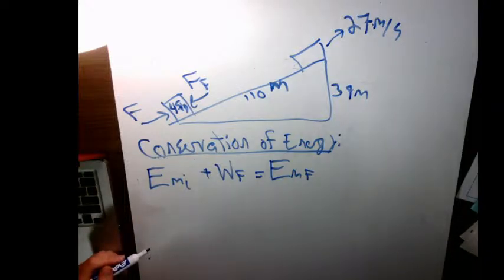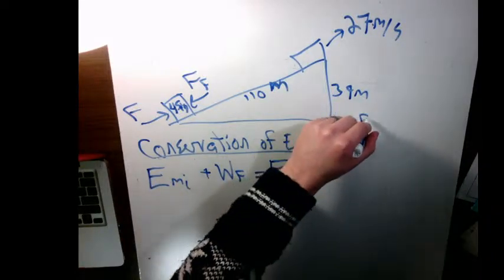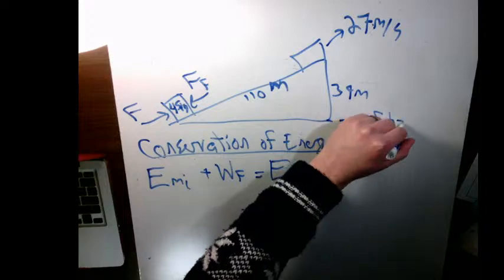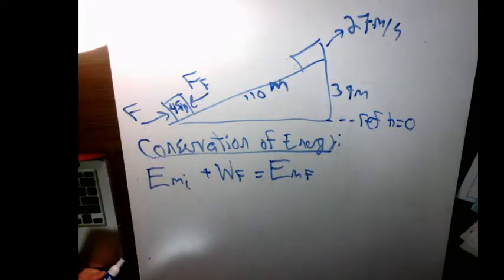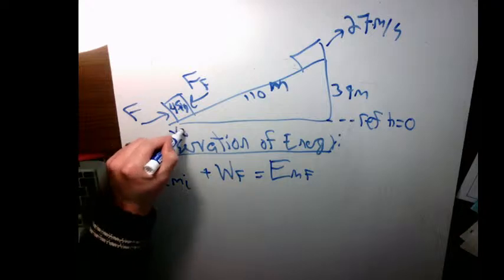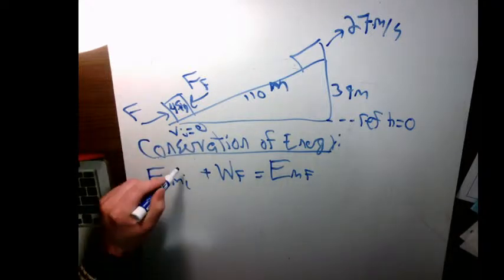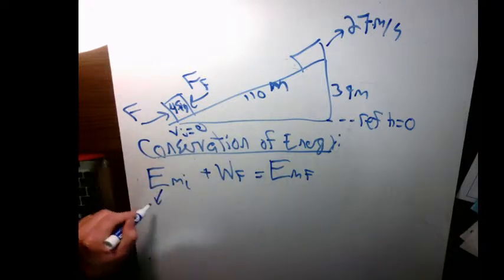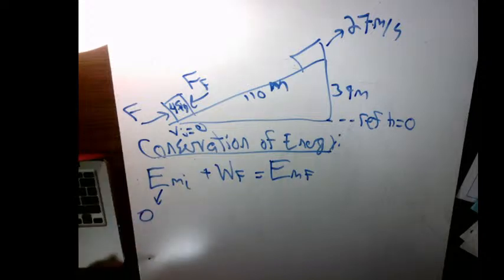So we have at the start, if we're saying we have a reference height of 0 at the start, we have no potential energy. We're also starting at rest. So this is going to be 0. We have no mechanical energy at the start.